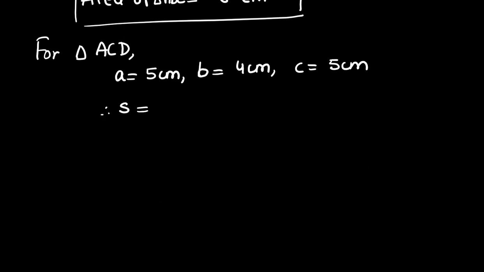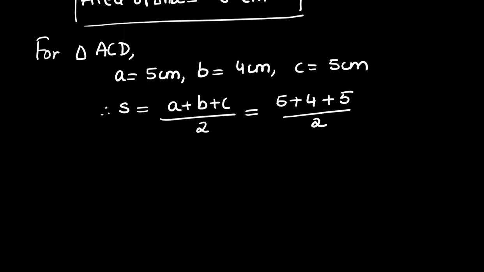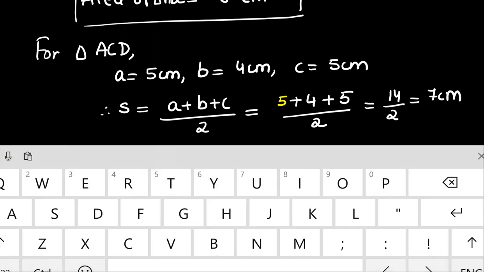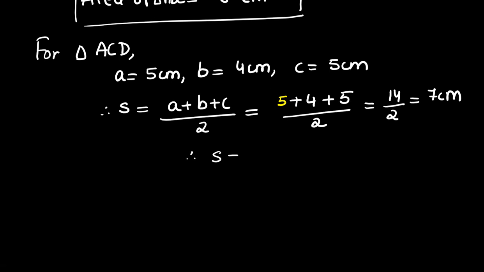Therefore S equals A plus B plus C by 2 equals 5 plus 4 plus 5 by 2, and that is going to be 14 by 2, which is 7 centimeter. Therefore S equals 7.